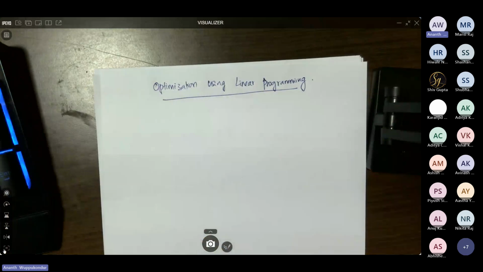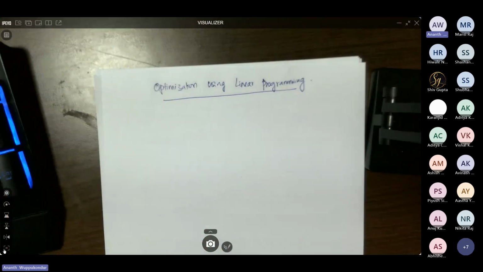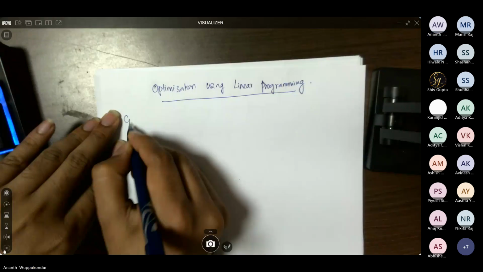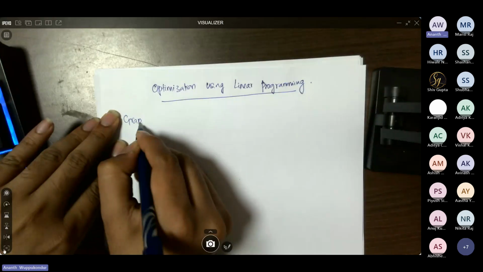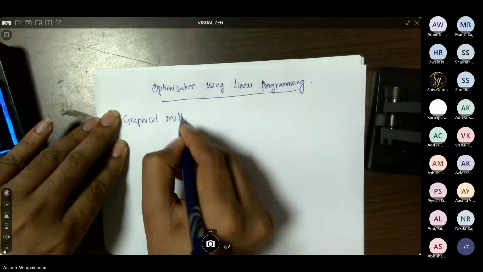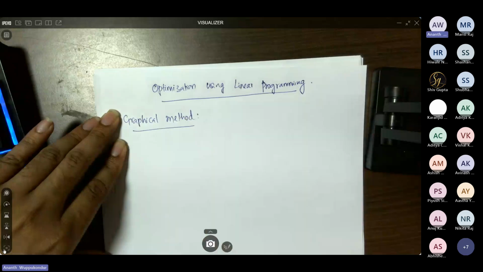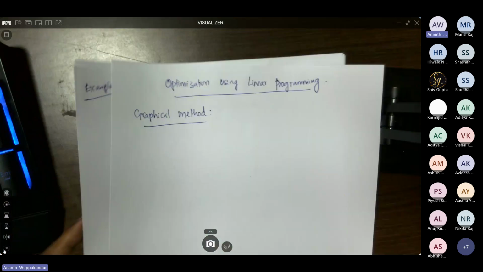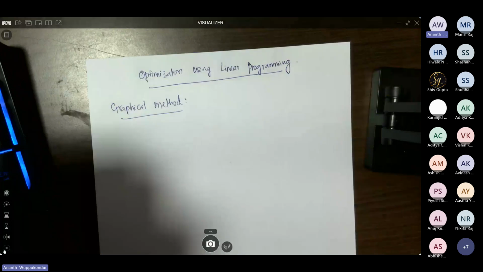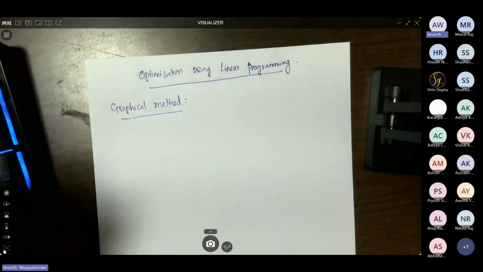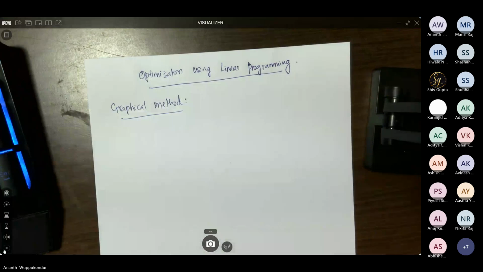That we will start in the next lecture. But today I'm going to introduce the solution by graphical method, where we are going to use the help of a graph and plot the data that we have to find the optimum solution.